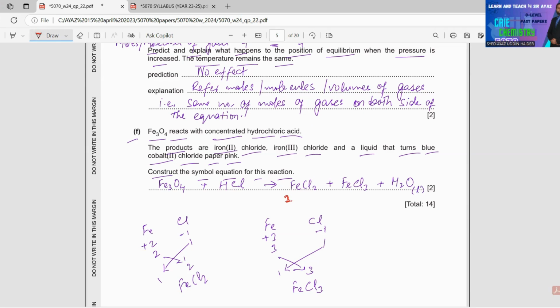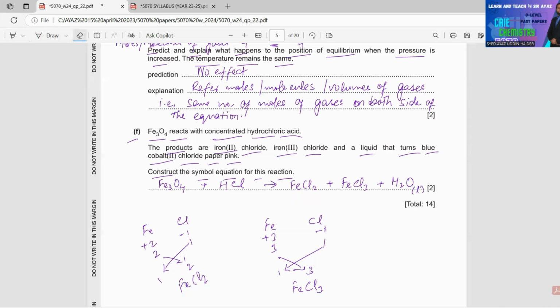So I need to put 7 before HCl in order to balance chlorine, which seems impossible because you can't have 3.5 moles of H2 on the right hand side, which is a fraction. You can't have the moles in fraction on the right hand side. So I will erase this.